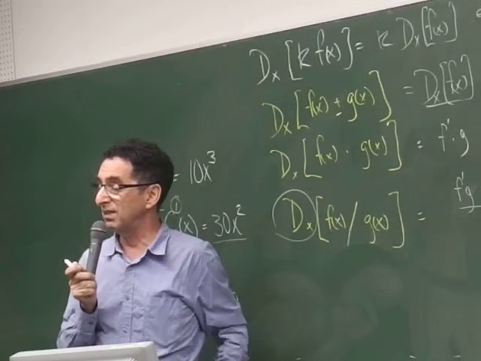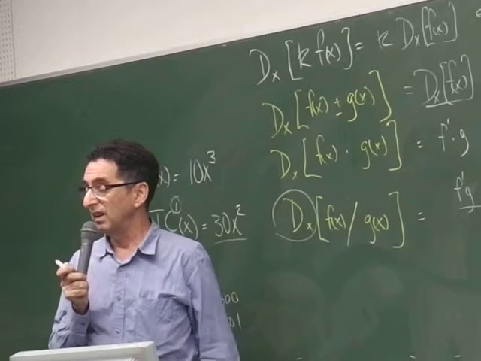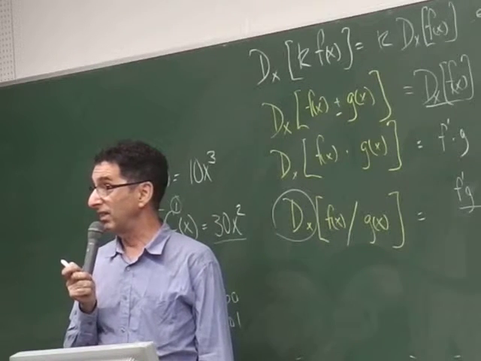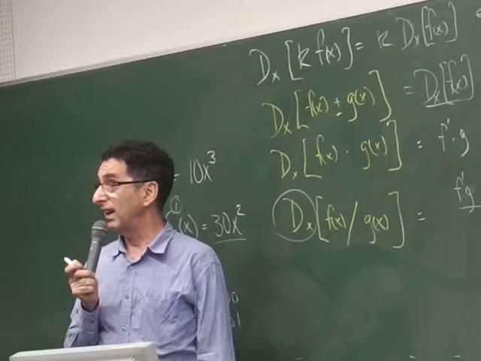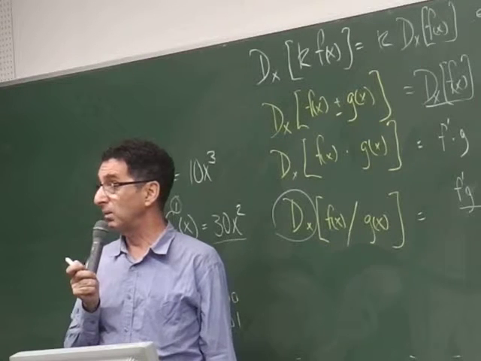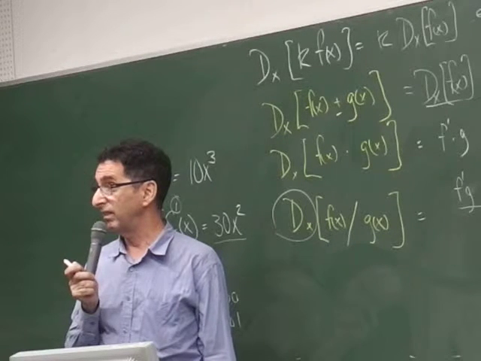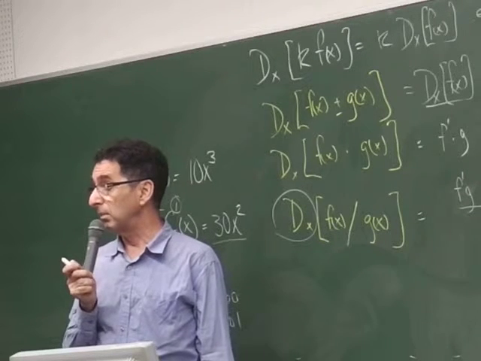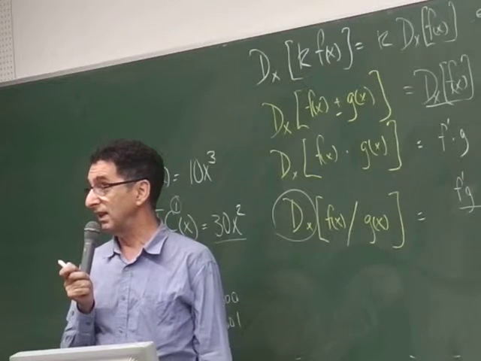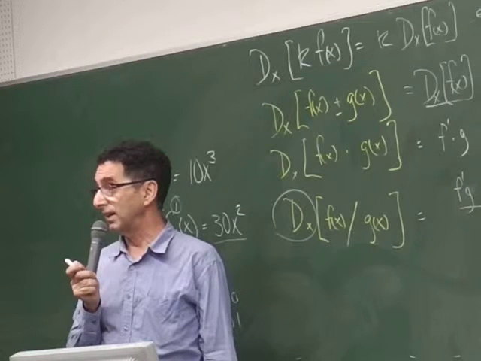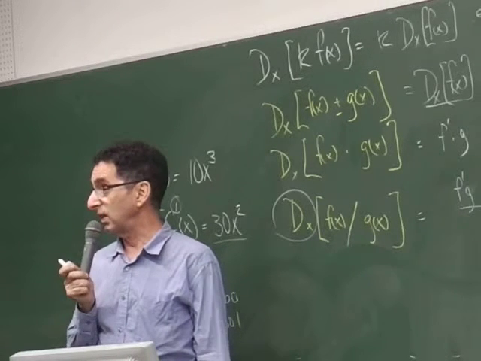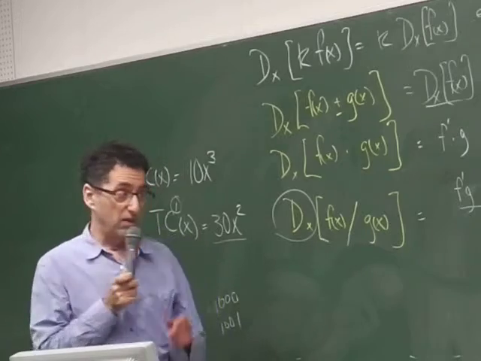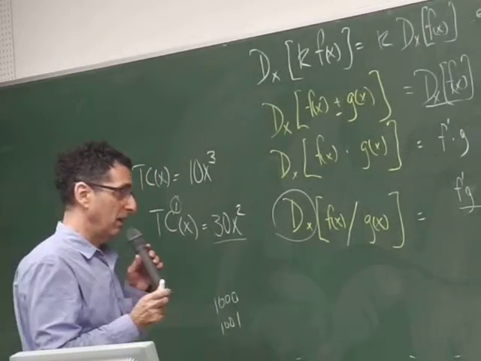And then I said there's one other operation that we can consider. I asked you what it was, and nobody remembered, even though you're supposed to know the contents of fundamental math. But it was composition, right? Function composition.